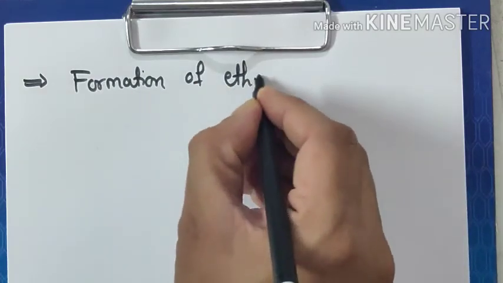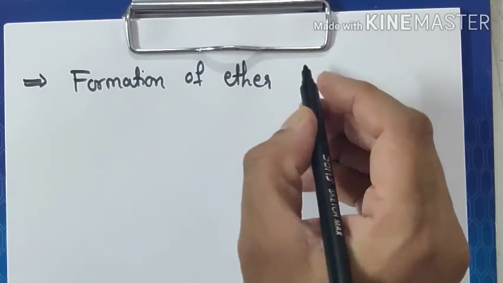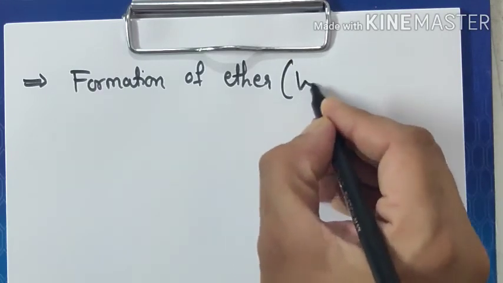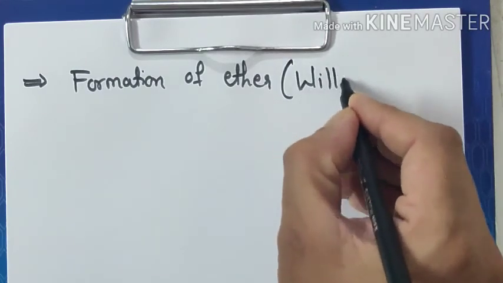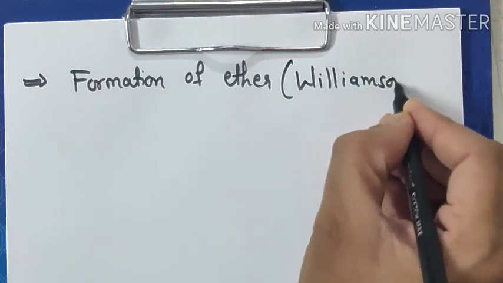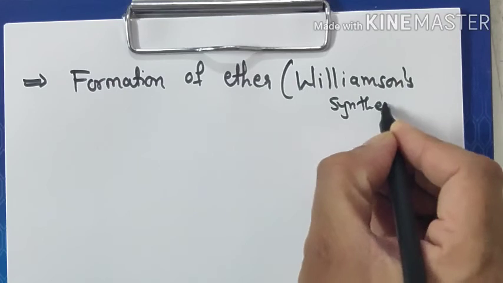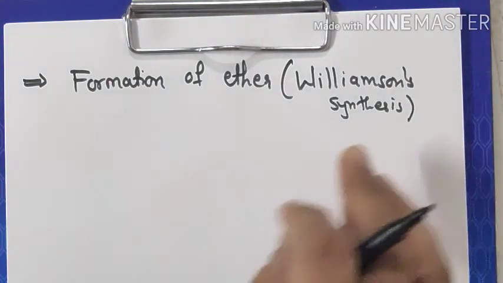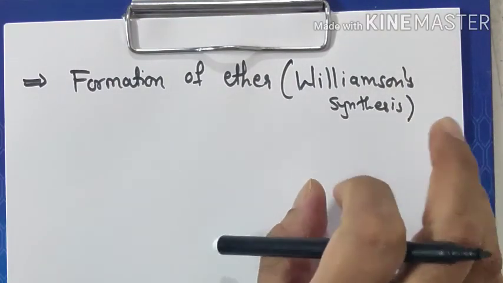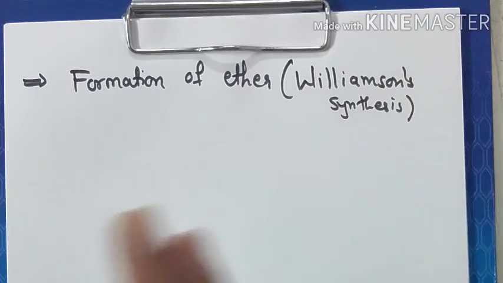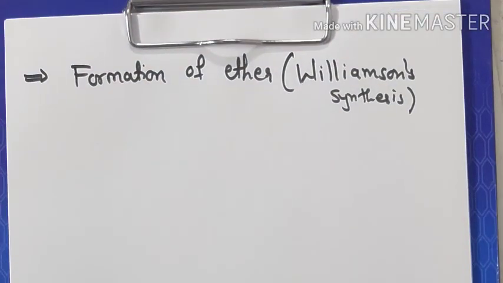Formation of ether. It is also called Williamson synthesis. Okay, now let's understand what this reaction is.